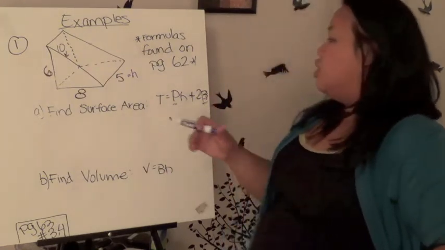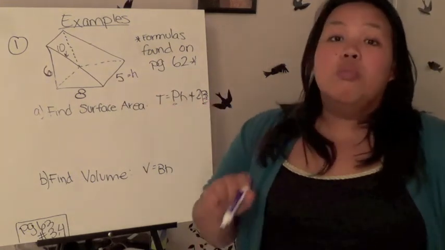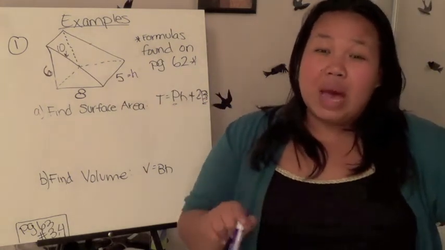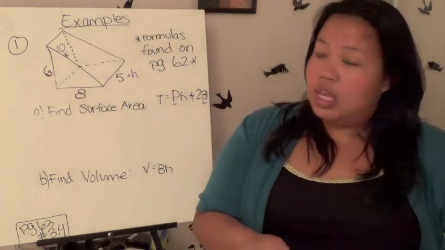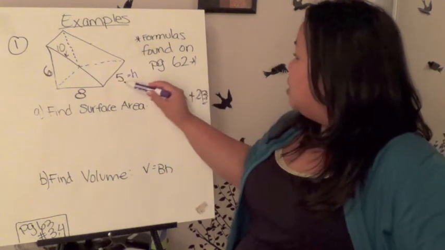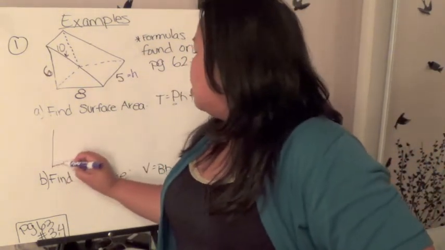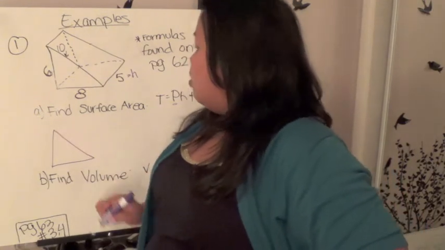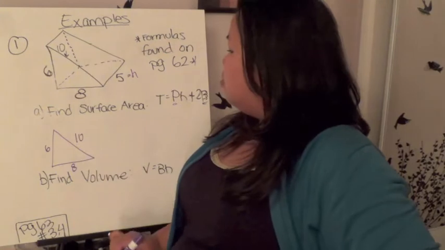So page 62 gives us the surface area, which uses capital P and capital B. Before anything, just a general rule, when you have the capitals, find those first, and then you can add the lowercase, because that small h is basically this, 5 equals h. But our base is our triangle. This is 6, 10, and 8.